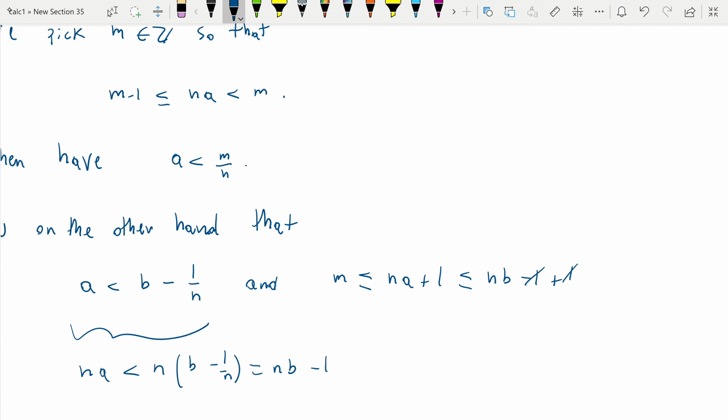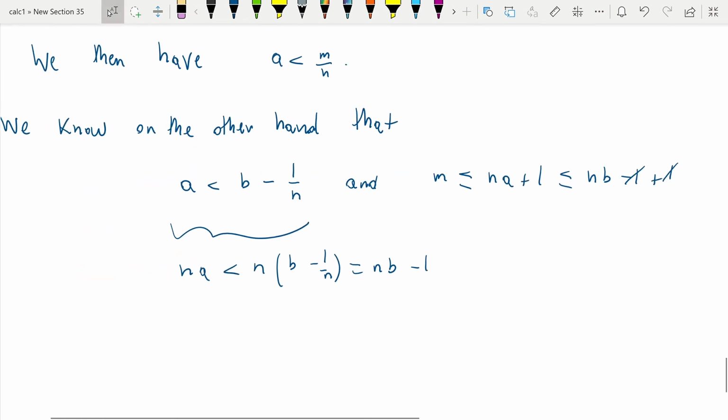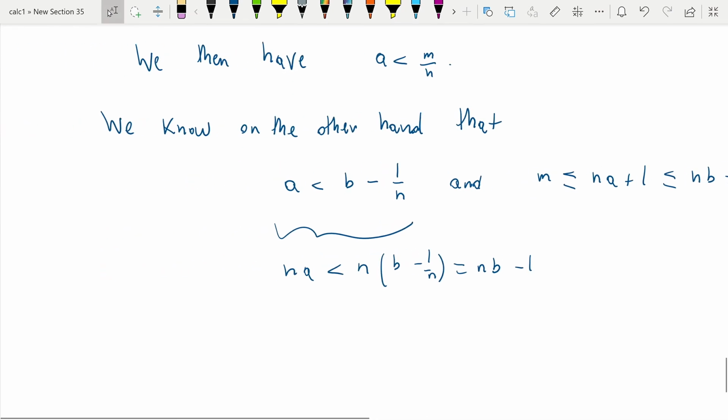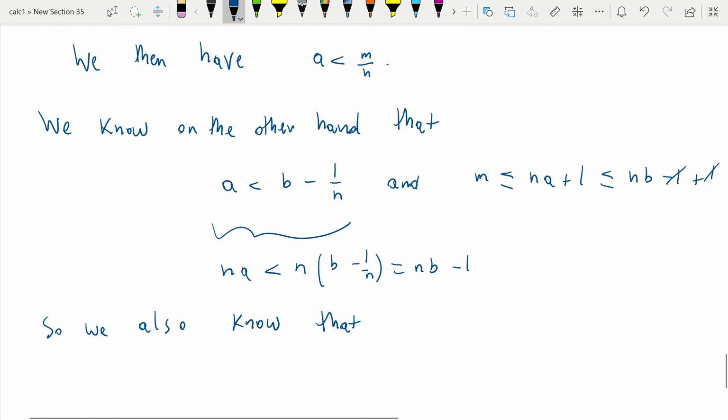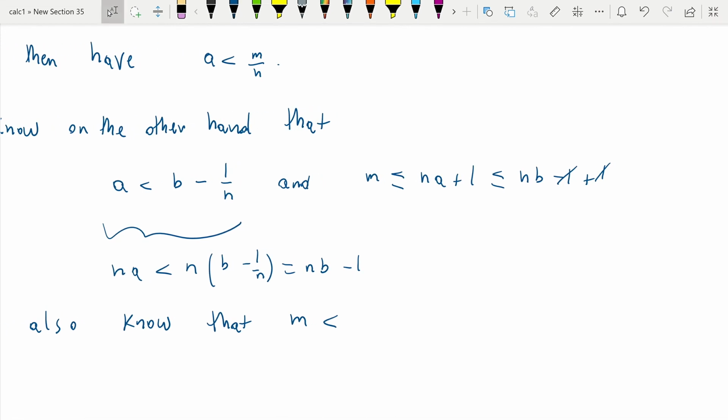Right, so we have then that, so we also know that m is less. In fact, this inequality here is strict.